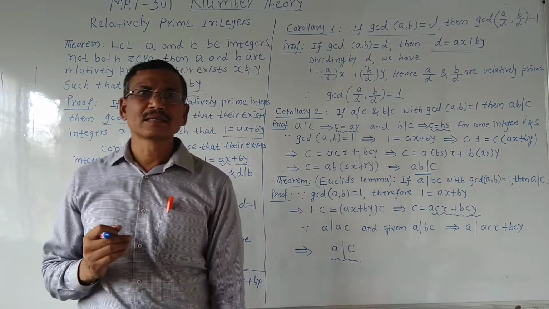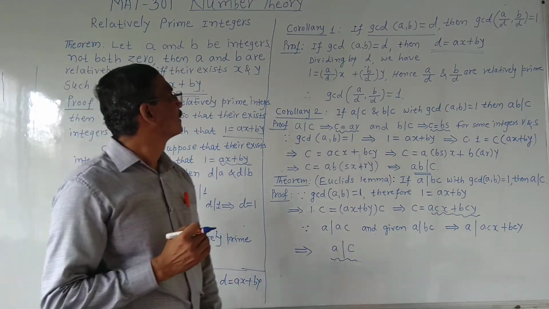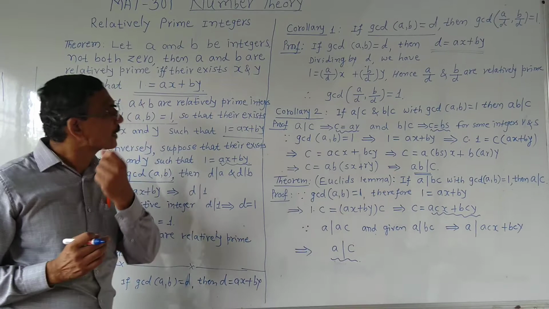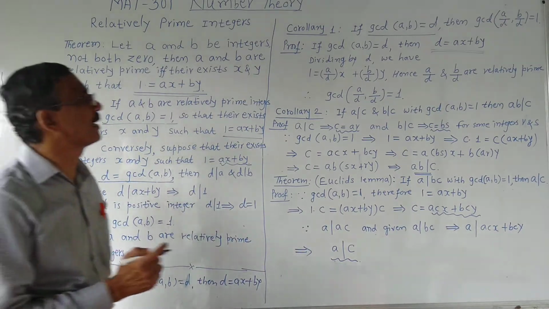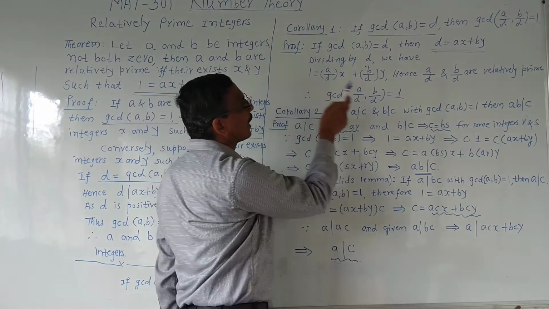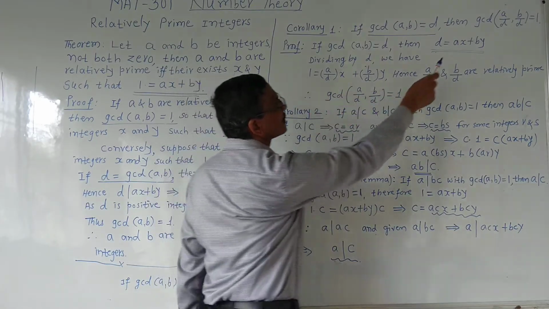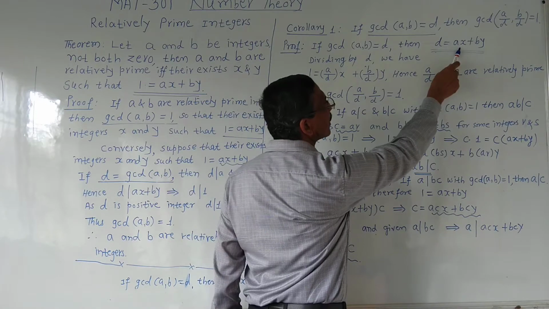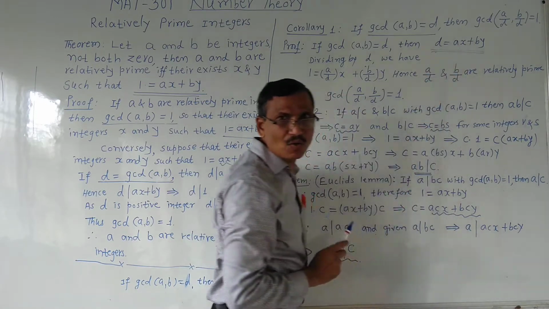Now consider that equation d equals ax plus by. Divide both sides by d. Thus d divided by d is equal to 1, and we get a by d into x plus b by d into y.